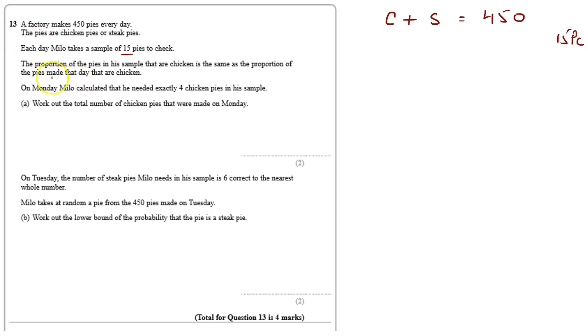Now how is taking 15 pieces? Proportion of the pies in his sample that are chicken is the same as the proportion of pies made that day are chicken. If the ratio is 2:1, so his sample is also having a ratio is 2:1. If the ratio is 6:10, his ratio for the chicken is also 6:10.